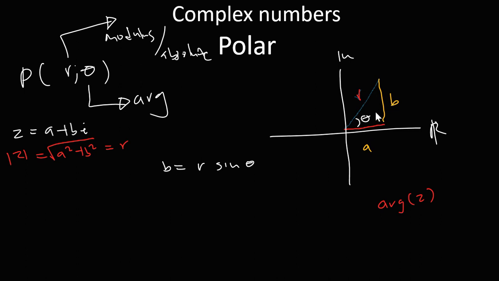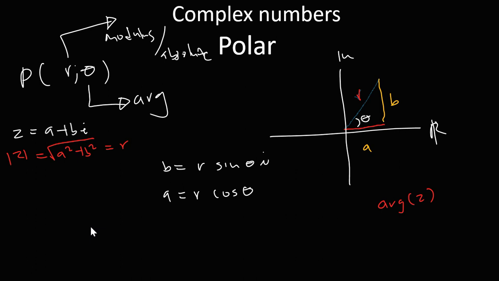But b is on the imaginary plane, so it comes with i. Let's look at a. A is going to be r cos theta, because it's adjacent. It's on the real part, so we don't put an i.